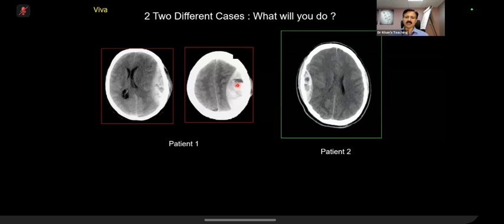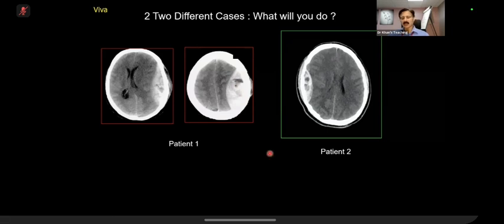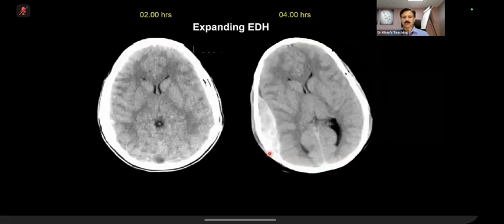Active bleed means that the patient is bleeding when the patient is on the scanner. You don't know what will happen 10 minutes, 20 minutes down the road. What will you do? You will pick up the phone. Excellent. You will pick up the phone and tell the surgeons this is what is happening, and urgent management.